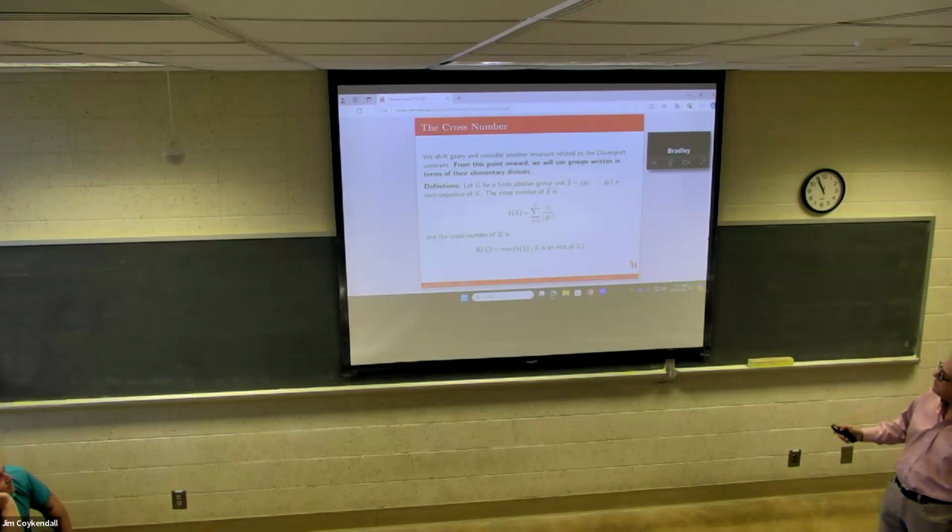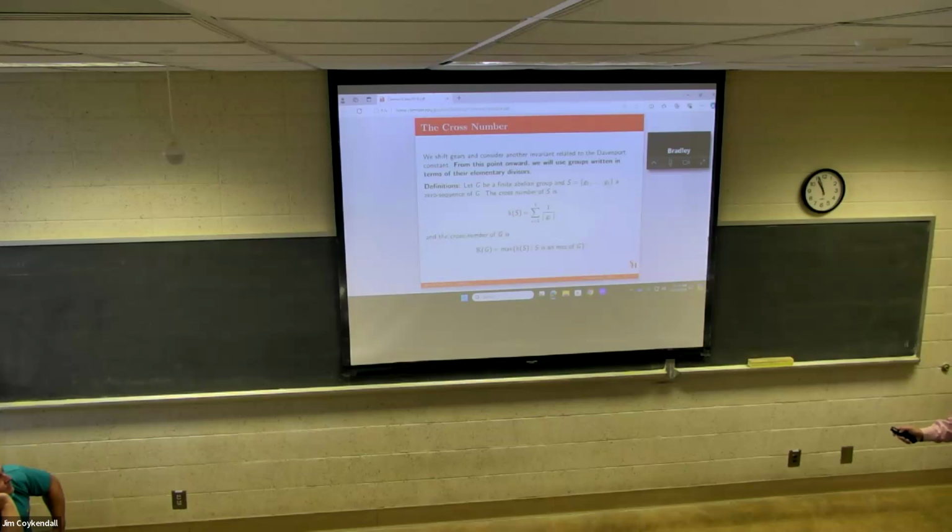Suppose you've got a finite abelian group, and I'm not going to restrict myself at first to minimal zero sequences, but let's just look at zero sequences. I'm going to define the cross number of this zero sequence. When I first started looking at this, I would stare at that thing and say to myself, how did someone ever think to start looking at this?